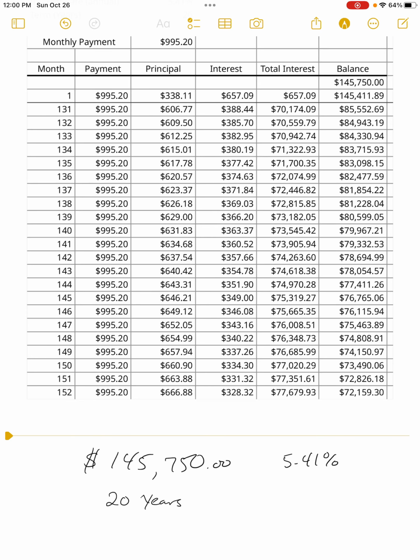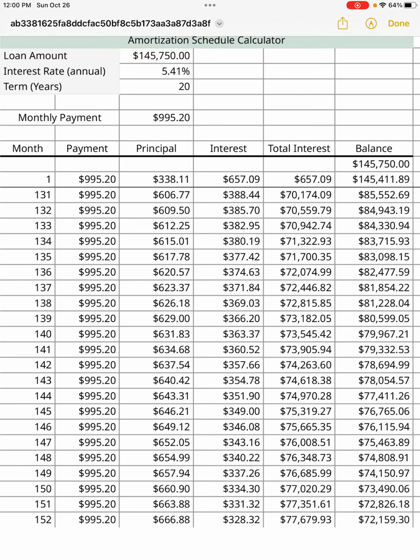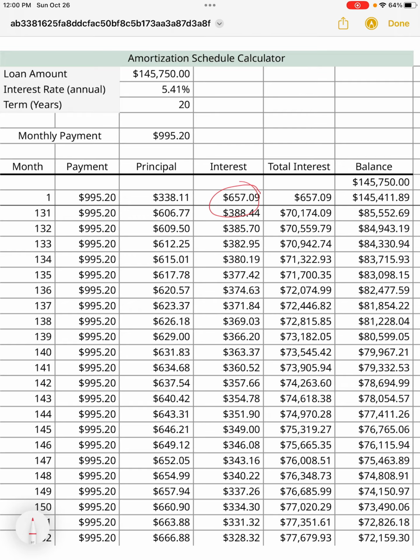We're going to pay that off in 20 years. This amortization table is a little choppy, but it was one found in the homework, so I just wanted to display it. It shares that the payment being made is $995.20, and in that first month, we had an interest owed of $657.09.